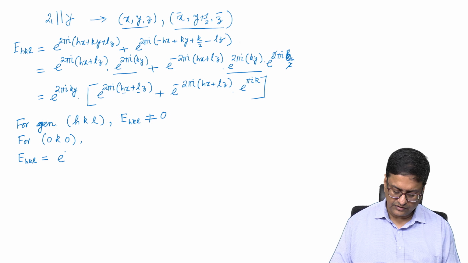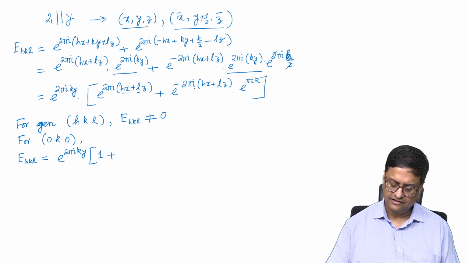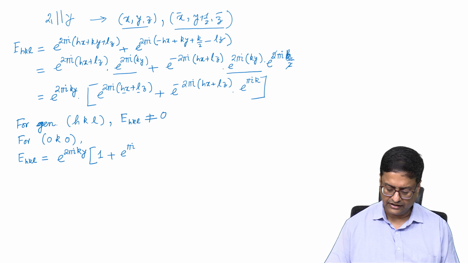So, we get e to the power 2 pi i k y, times 1 plus the second term, which, if you put h and l equal to 0, is e to the power 0, again 1. So, it turns out to be e to the power pi i k.